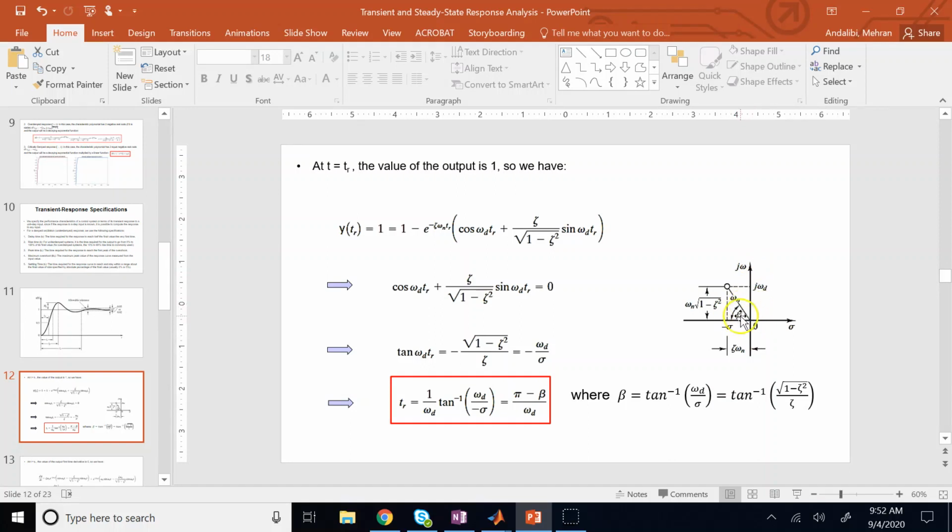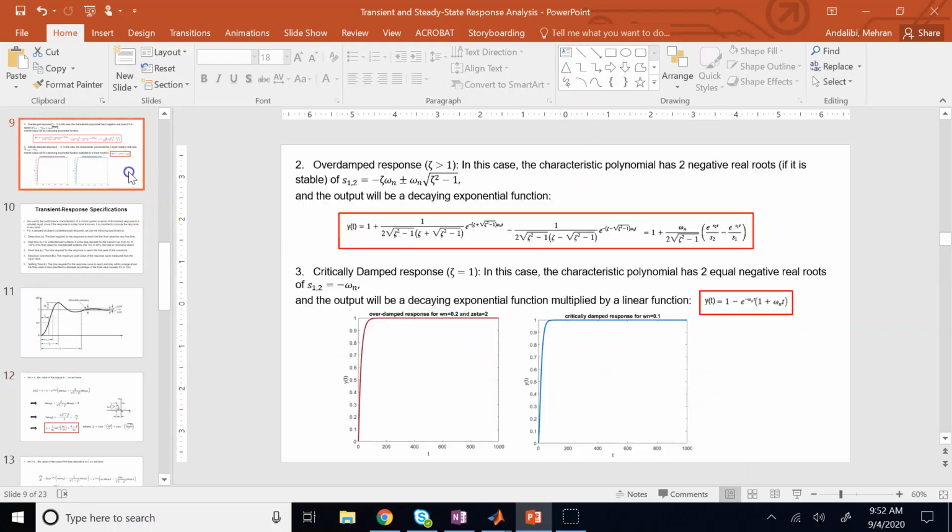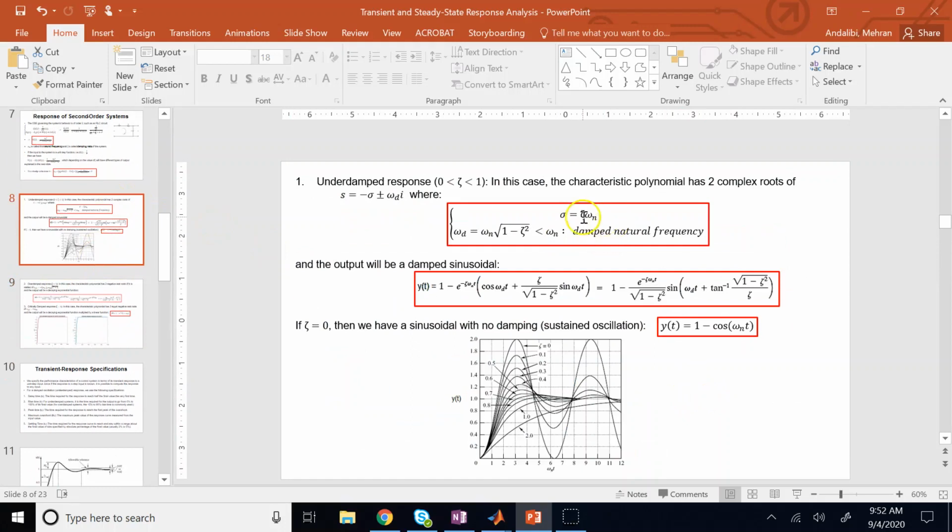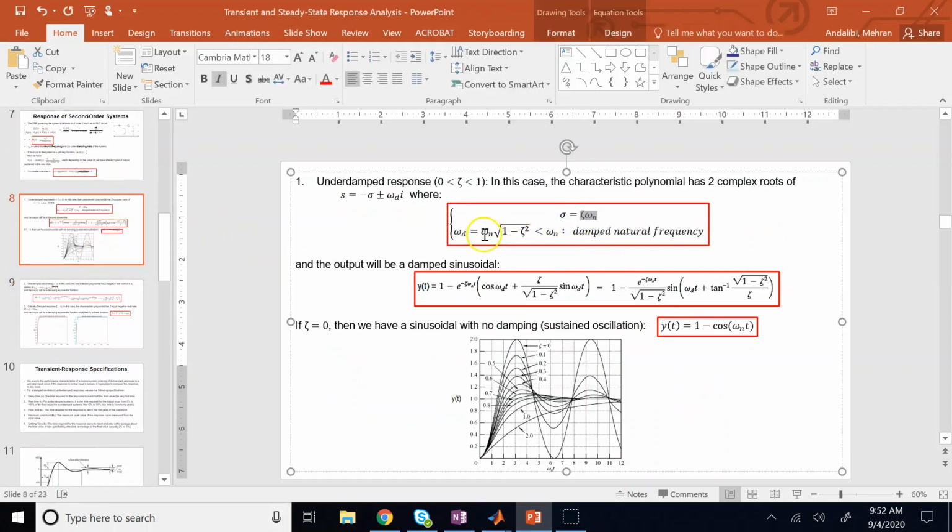The angle of the vector for that complex number with respect to the negative real axis is called beta, where tangent of it is simply omega d over sigma. If you plug in omega d and sigma, both of them have an omega n in them, so the omega n's would cancel, so you will get this square root term divided by what?